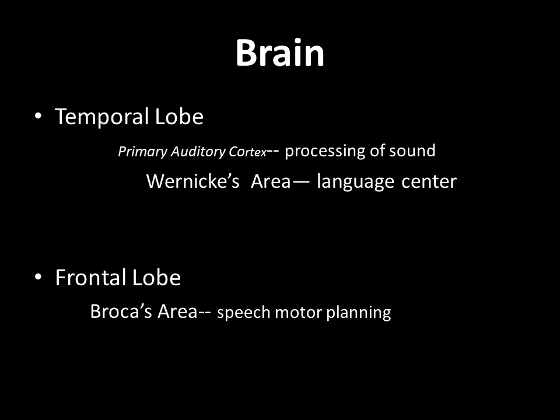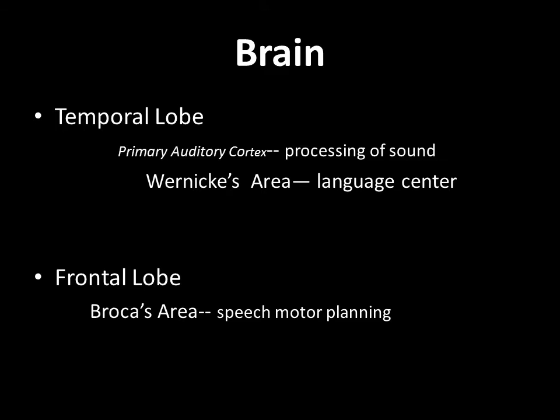Let's review these 2 important areas for speech production. The temporal lobe, which is the lobe of the brain that is closest to the ear, is where the primary auditory cortex is. Because sound comes in the ear, the primary auditory cortex is where sound is processed.